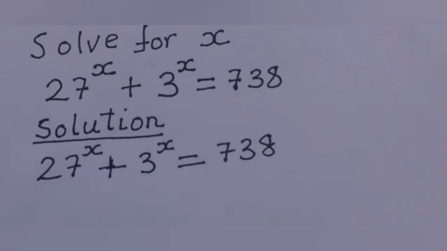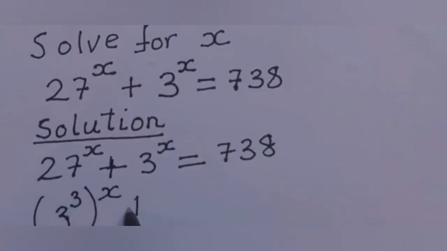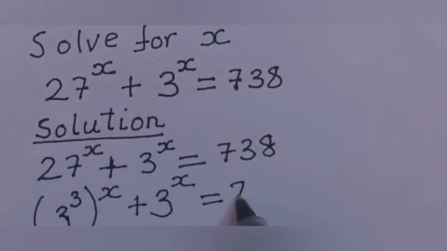So here we are going to express 27 as 3 power 3 in the bracket raised to x, plus 3 raised to x equals 738.